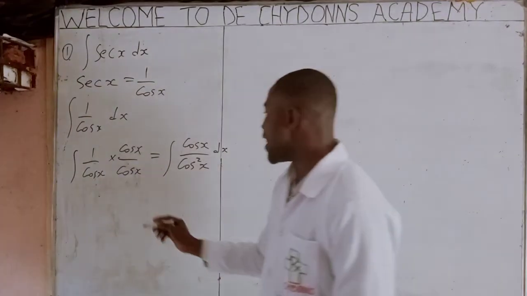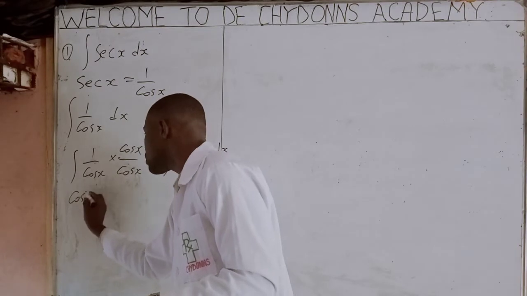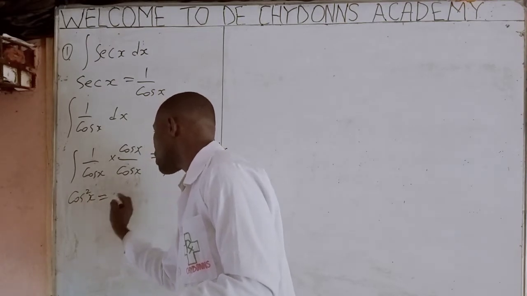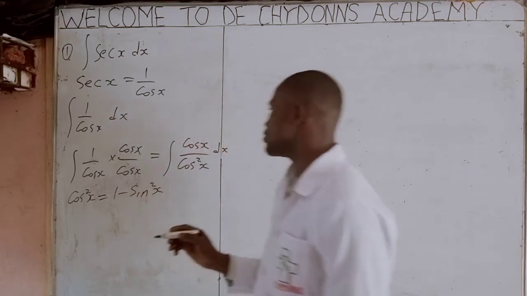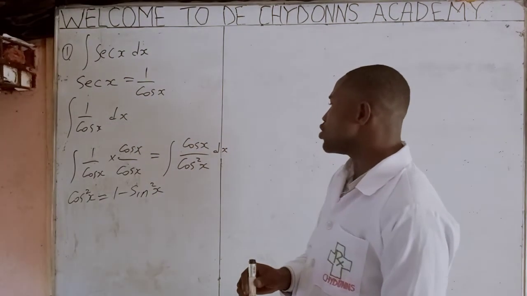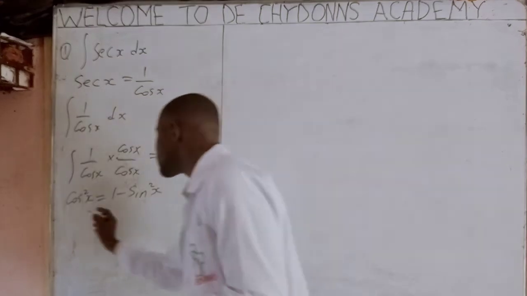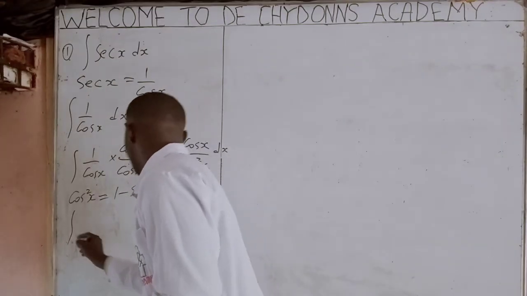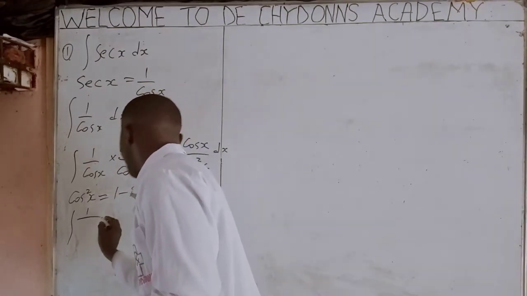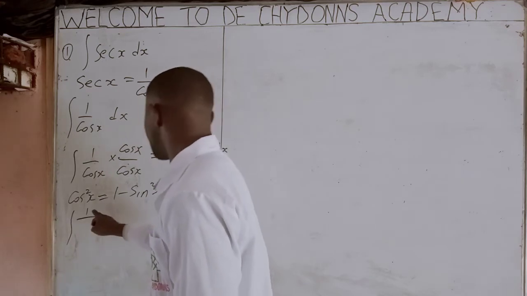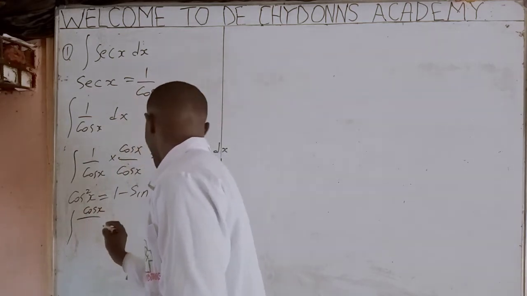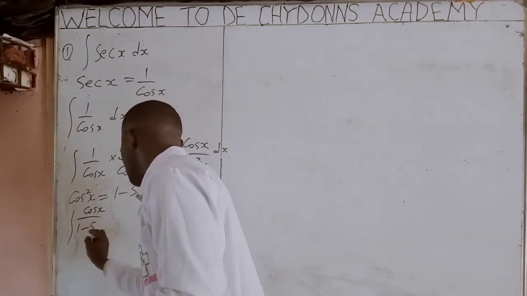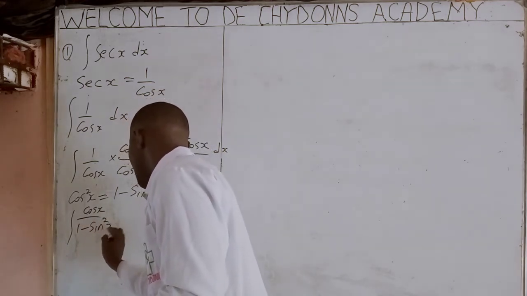Then from trigonometry, it is noted that cos squared x is equal to 1 minus sine squared x. So, what we now do is replace this: integrate cos x all over 1 minus sine squared x.